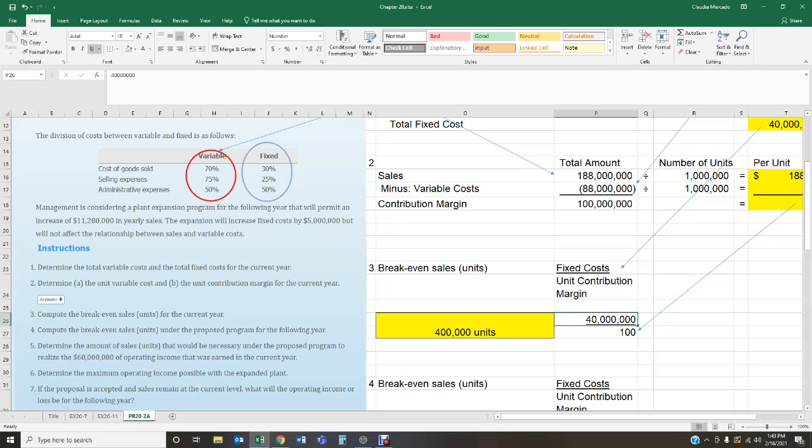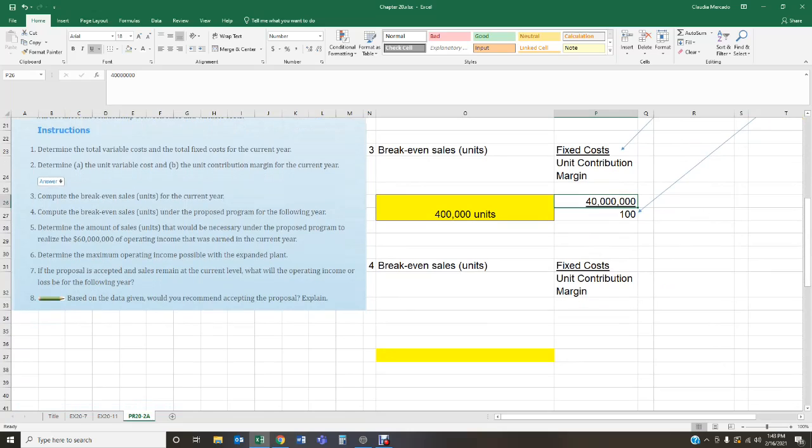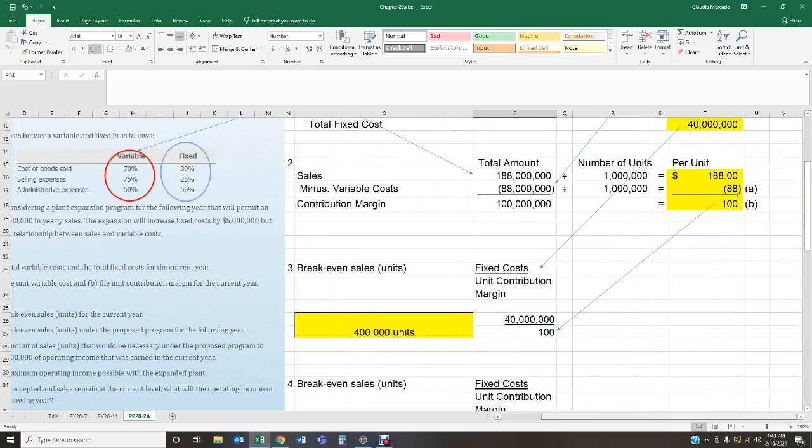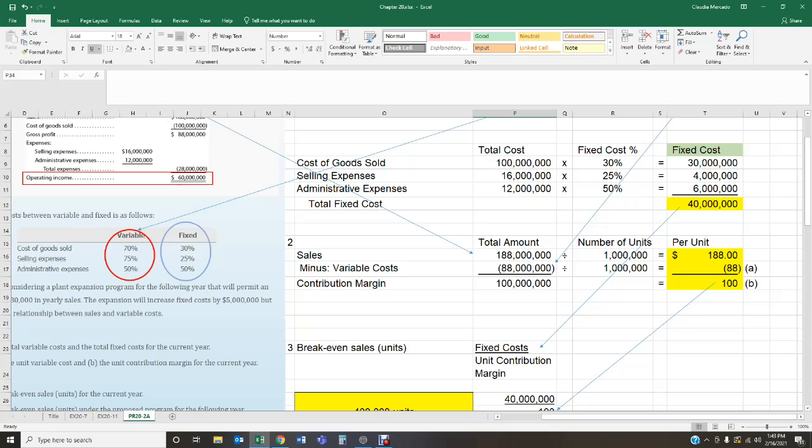Okay, so let me go back to requirement 4. So now we've got our break-even sales in units. Okay, we're going to do the same thing. My fixed costs. Okay, so your fixed cost is going to be, once again, your 40 million. Okay, fixed cost, 40 million.